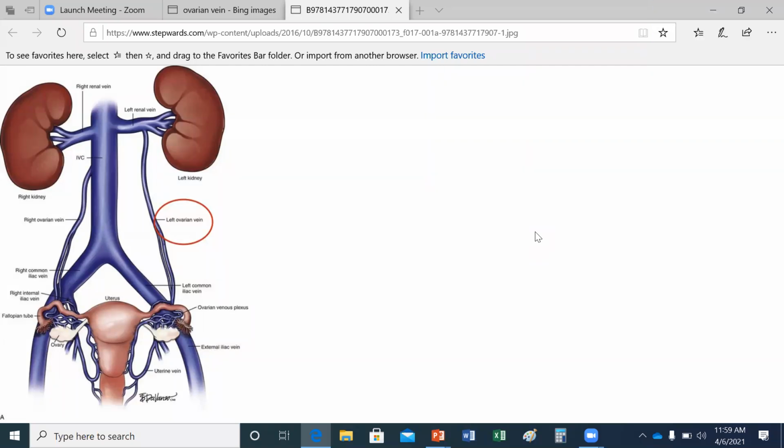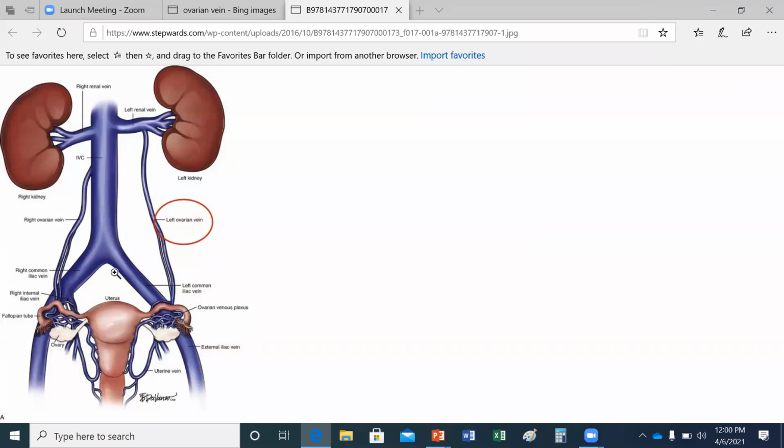Which one drains, the right or the left? I'm confused now. They both drain. Here's the right ovary, here's the left ovary. The blood from the right ovary drains into the right ovarian vein, and it's joining into the inferior vena cava. This is all blood going back to the heart.